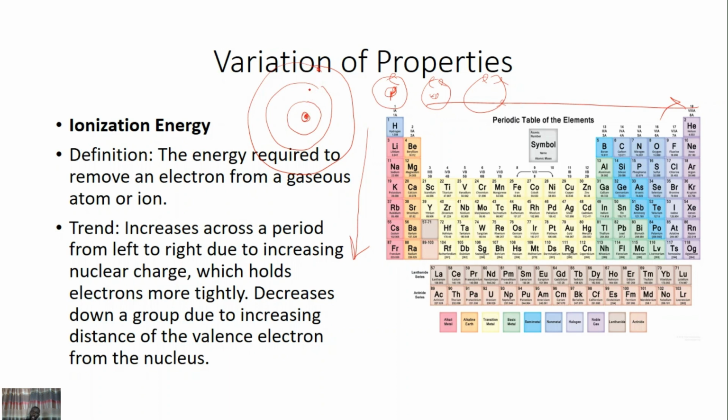So the electrostatic force between the electron in the outermost shell and the proton reduces, because the distance between them increases. So you require less energy to remove the outermost electron. And that means that the ionization energy decreases as you move down the group.